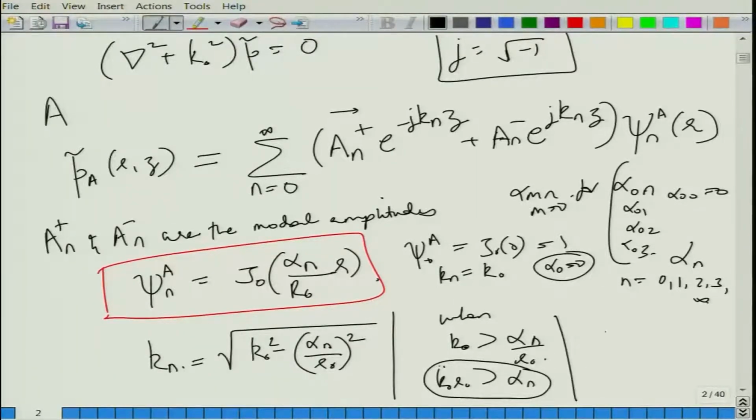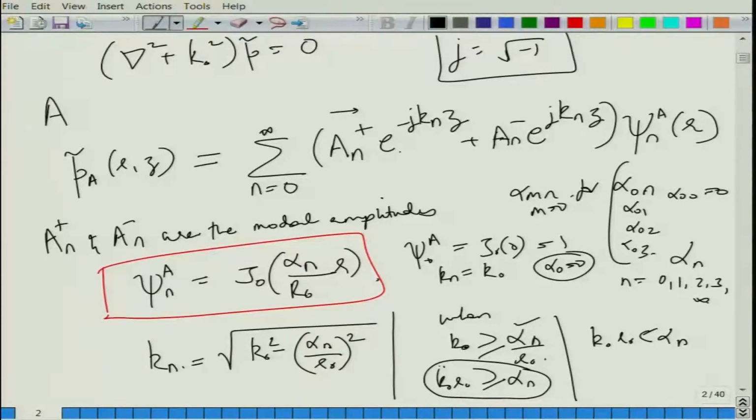If it is less than that, then it is evanescent. If it is greater than or equal to this, then these modes will propagate. It is just about to propagate when equality occurs. So, basically, if k naught is greater than this, then there is no problem.